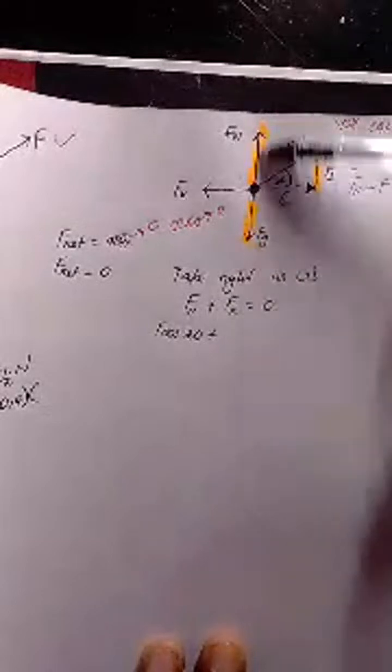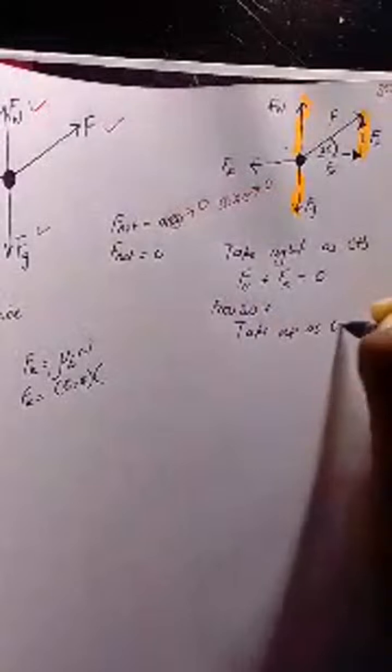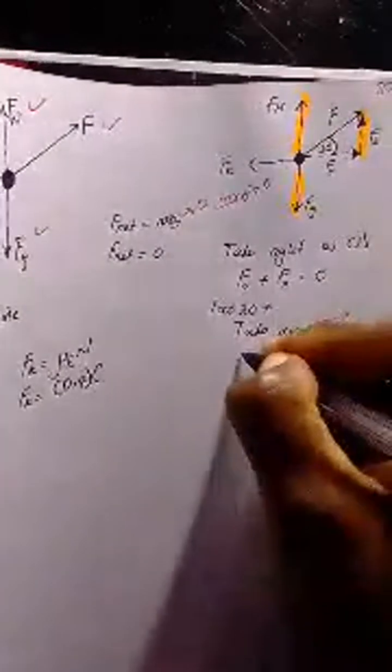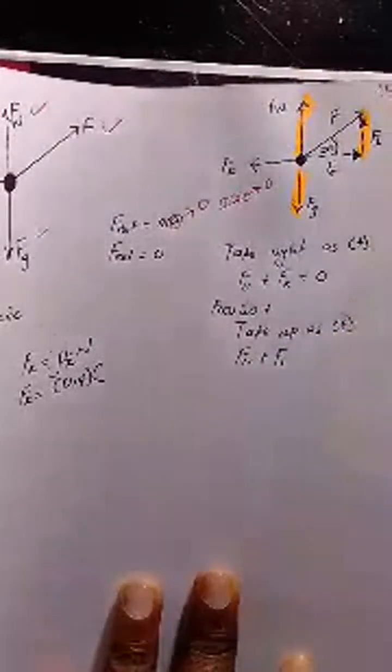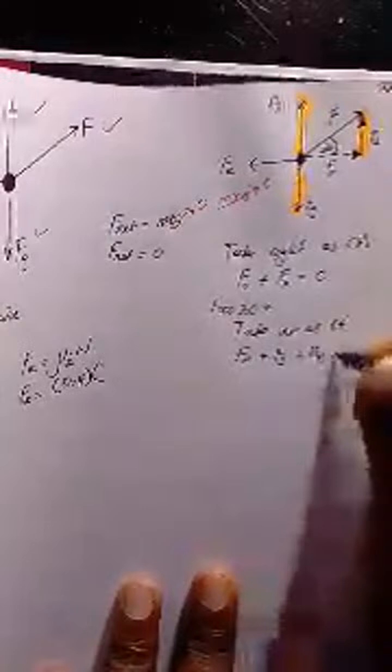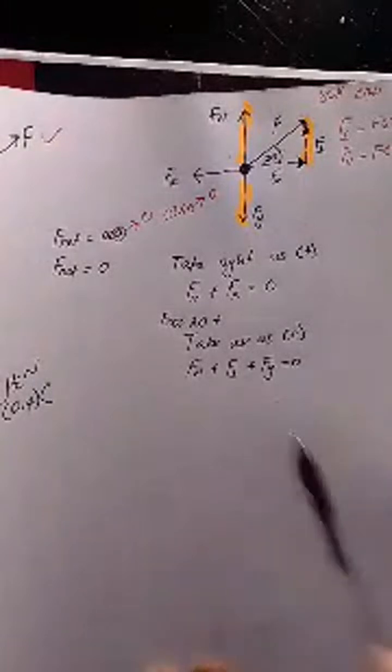So now we don't have normal. Again, we need to add all the vertical forces, which is 1, 2, 3. We need to take a direction again. We take up as positive. So you are going to say Fn plus, since the arrow is going up, F perpendicular plus Fg equals 0. I know I'm saying plus for Fg, and Fg is going down, but because I'm creating an equation, you must add them first, and when you substitute, that's when you put your negative signs.